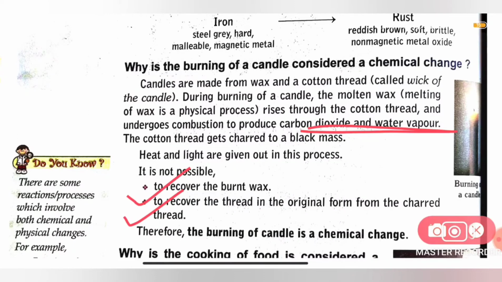তো it is a chemical change. Also some amount of wax is in molten form. পাশে দেখবে যখন মোমবাতি জ্বলে, কিছু পরিমাণ যে মোমবাতি গলে গলে পড়ে, that is the molten wax, and this molten wax is a physical process.